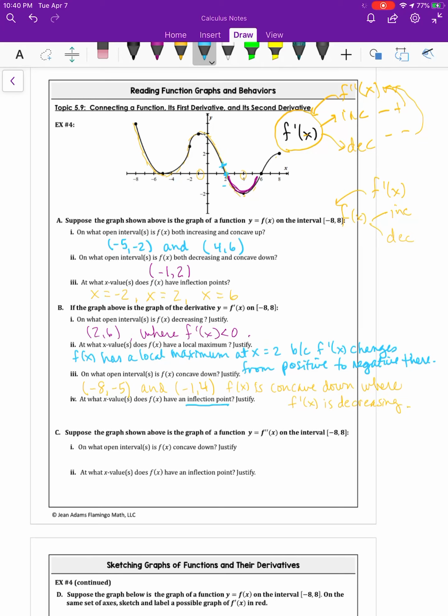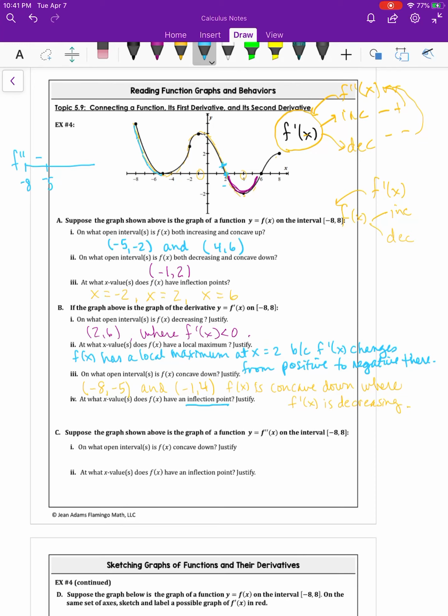So if I see inflection point, I'm thinking second derivative. If I'm looking right here at my first derivative, I again have to be thinking of slopes of tangent lines, right? So for your second derivative, I'm just going to put f double prime here.